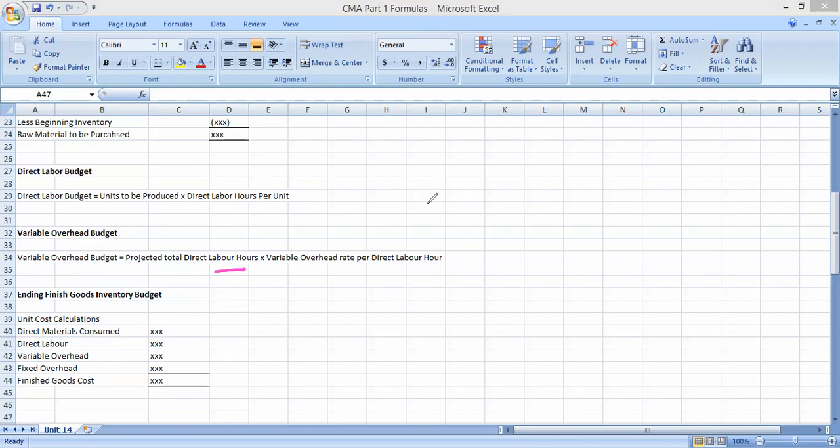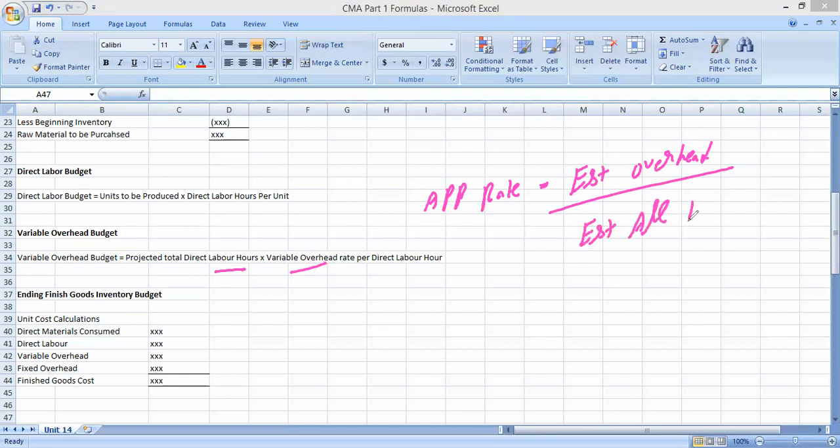You already know how to calculate the rate. The application rate formula we discussed before as well. We said that it is estimated overhead divided by estimated allocation base. We already guided you in the previous lectures.